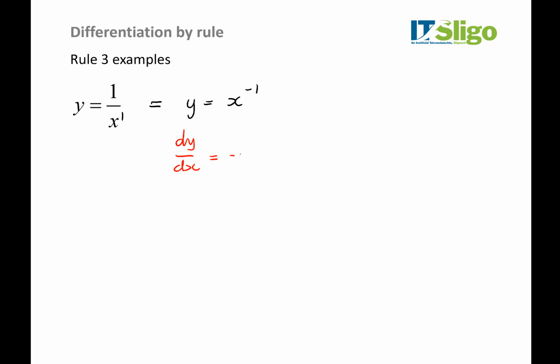bring down the power, the -1 comes down, the x stays where it is, and now we add -1 to the old power, and this is what our function looks like. And just to be polite then, guys, in general, if the function is written in this format, we should write our derivative in the same format, using fractions, so to speak.